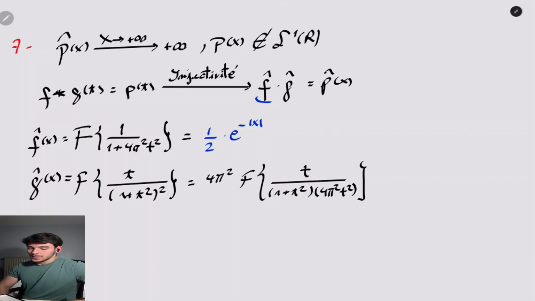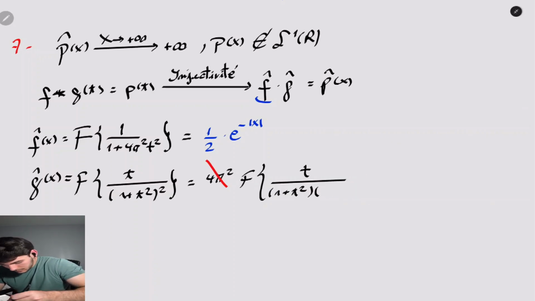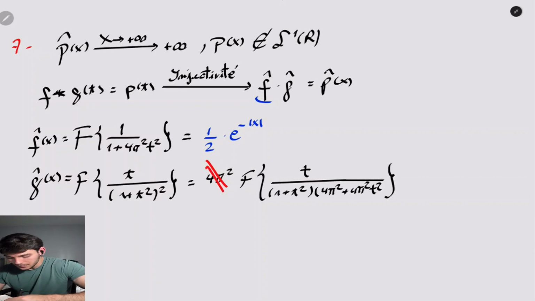So you can see that this equation is valid since we can cut out this 4 pi squared with those. So it will be 1 plus t squared squared, the same thing. All right, so that's a valid equation. I've just rearranged them.